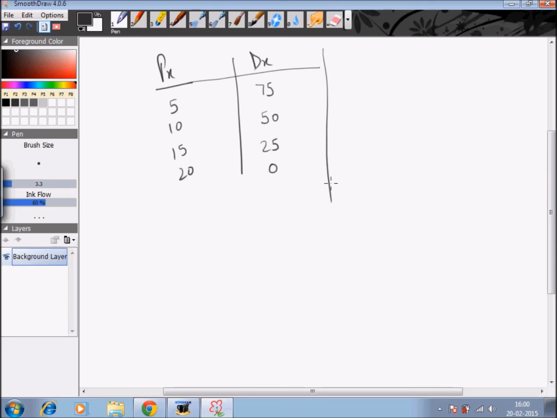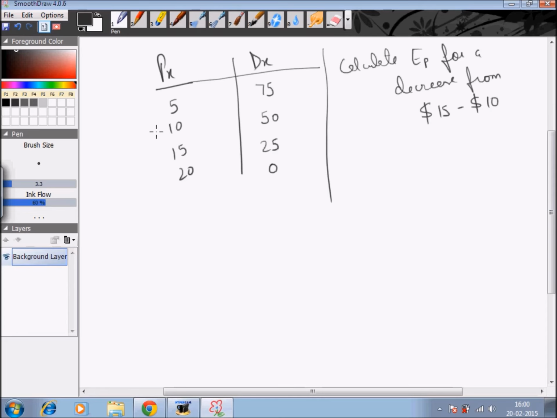Now you have to calculate price elasticity for a decrease in price from $15 to $10. Initially we have calculated for an increase in price. Now we have to calculate for a decrease in price.